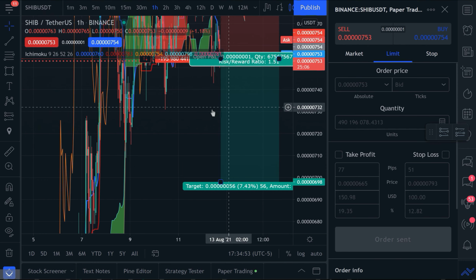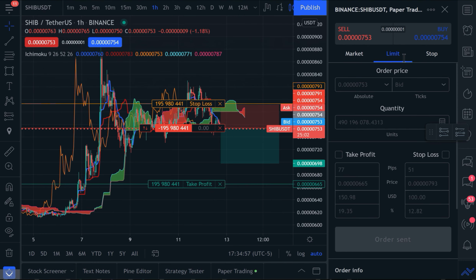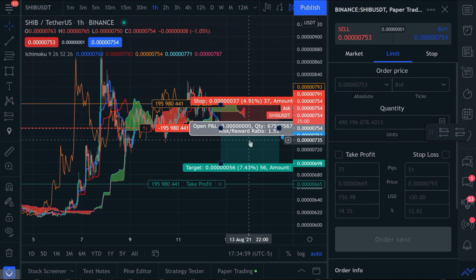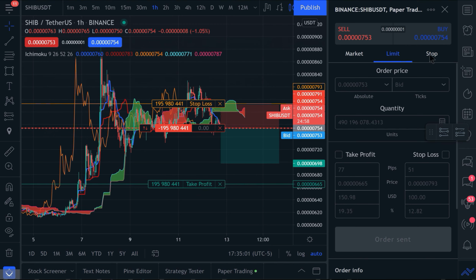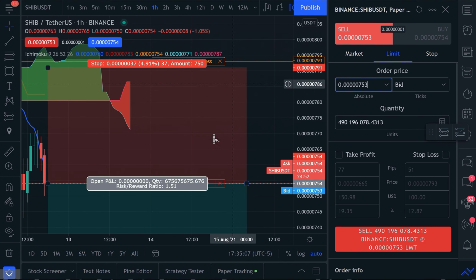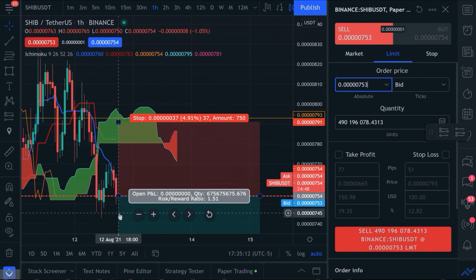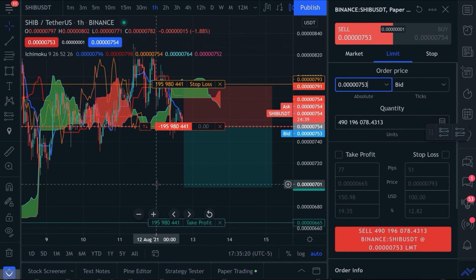So what happens? When I short, I cannot put a limit order. I have to put a stop order, this one. Because if I put a limit, it will activate immediately because the limit is an upper limit. So if I set a limit here, it will activate immediately on a higher price, while a stop will activate down.